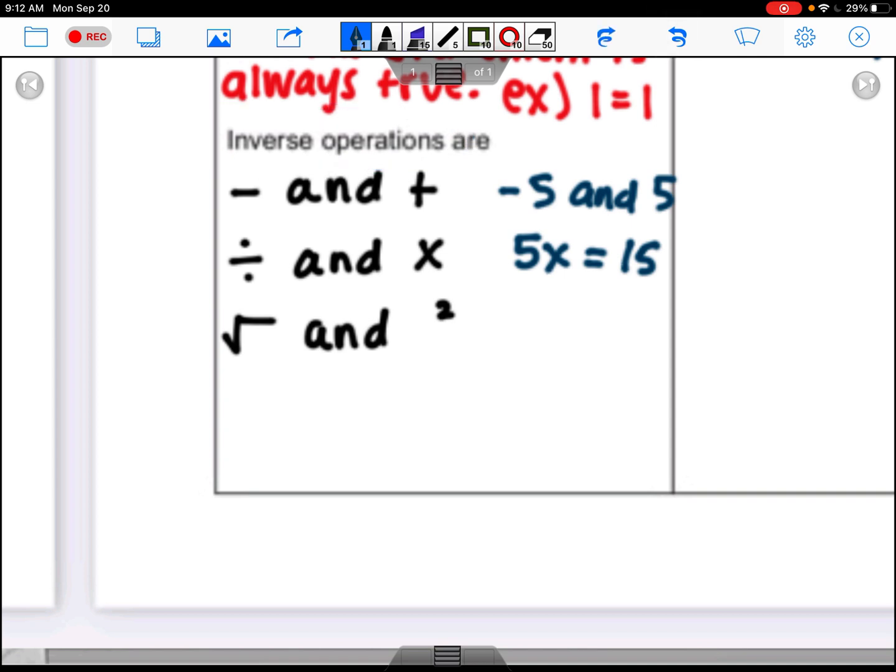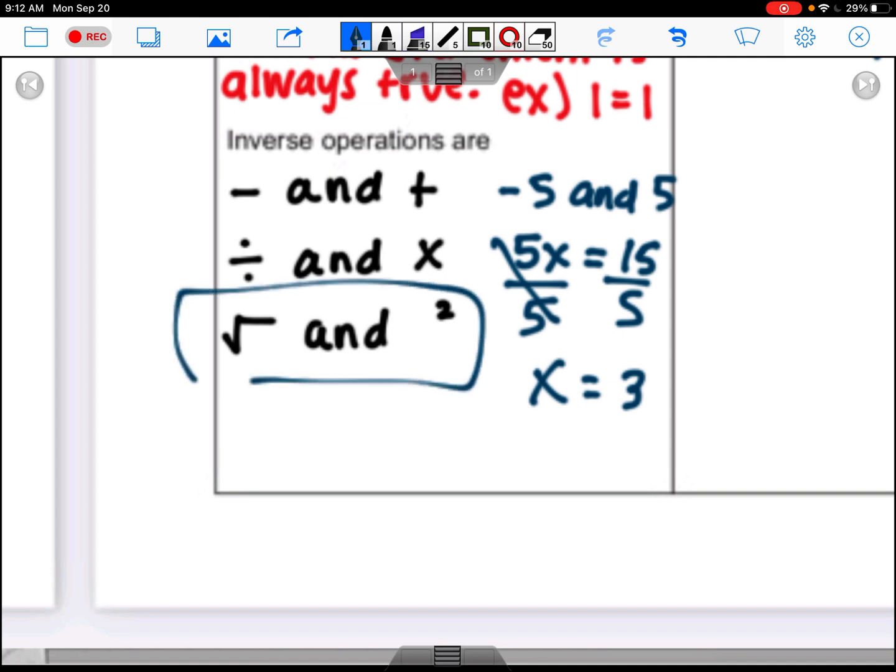This is multiplication. When I cross the equal sign, I always use an inverse operation. So I recognize that this is multiplication and do the opposite, which is division. I'm going to divide both sides by 5, and x would equal 3. That's what I mean by inverse operations.